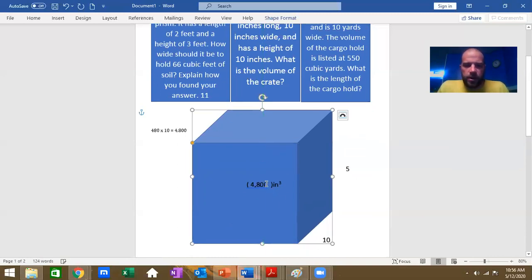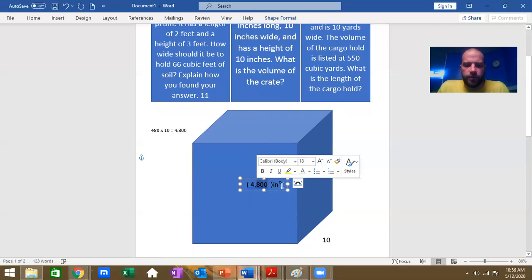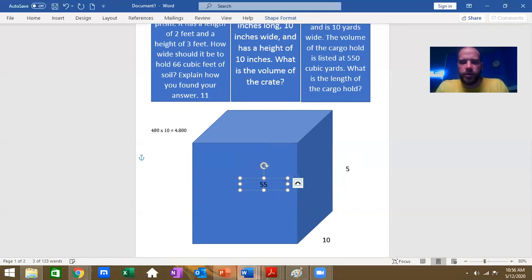We don't know how long it is, but we do know, and once again, I changed the unit, it's 550 cubic yards. So we need to find this missing piece right here.